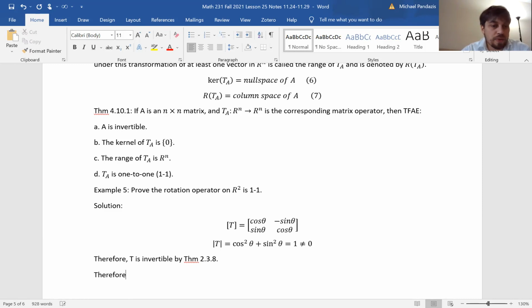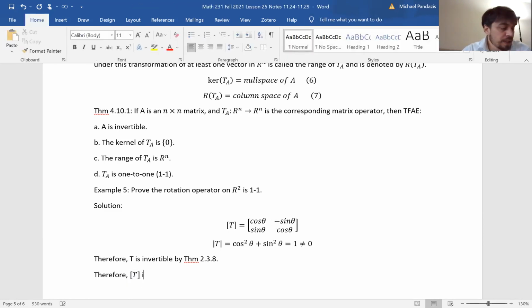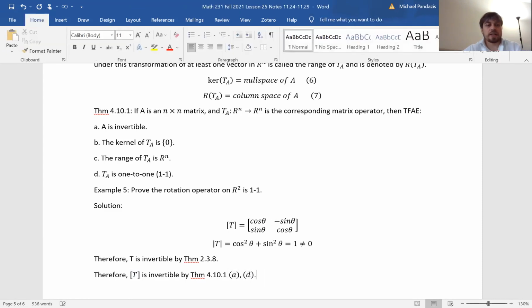And so therefore, the standard matrix for T is invertible by theorem 4.10.1, parts A and D. Part A of this theorem says that the matrix is invertible, and part D says T sub A is 1 to 1. Okay, so T is invertible.